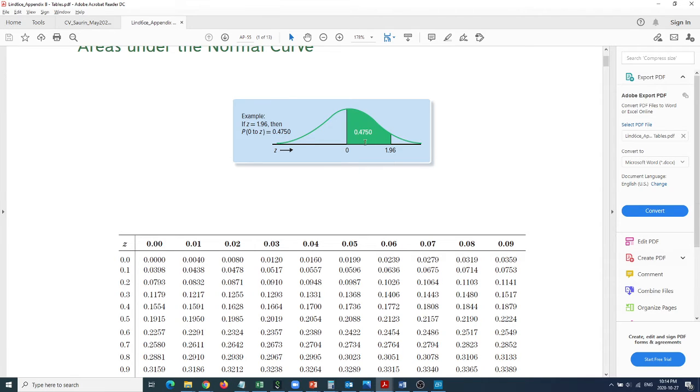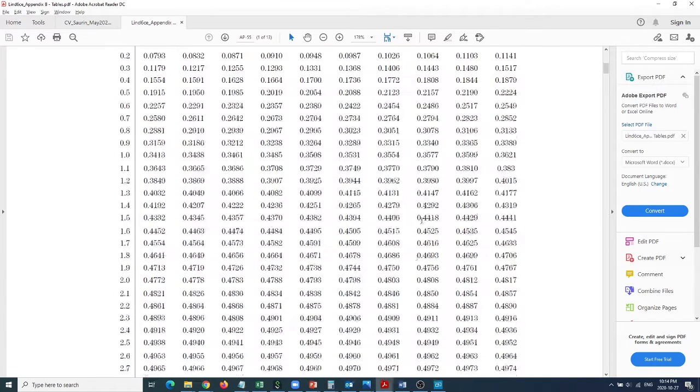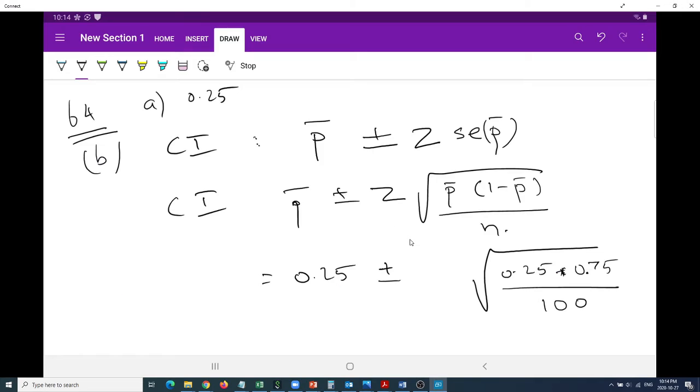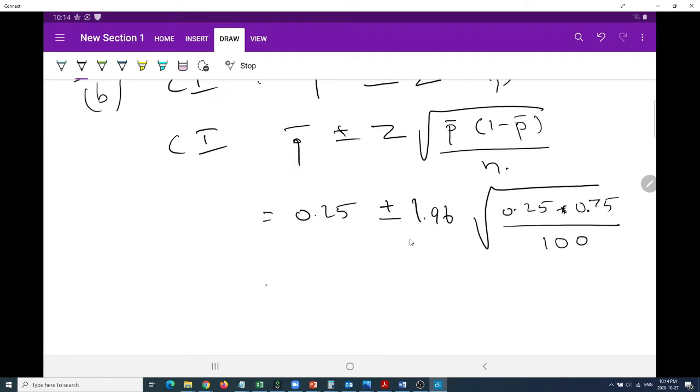Or 0.4750 from here, and the same 0.4750 to the other side, cover 95%. So 0.4750 is 1.96. Okay, and that is your Z value, and this gives you your confidence interval. Okay, so that is your answer to part B.